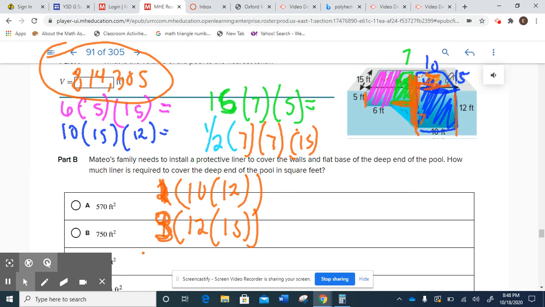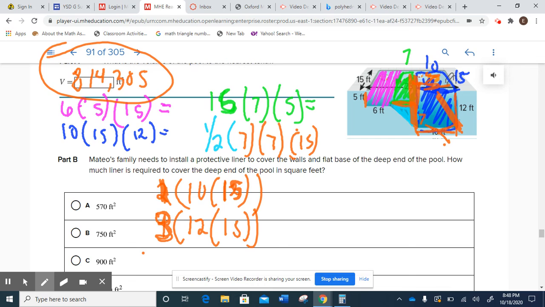Cover the walls and the flat base. Oh, I looked at it wrong. Our drawing is so crowded that I looked at it wrong. The bottom is not 10 by 12. It's 10 by 15, because it's here and then here.